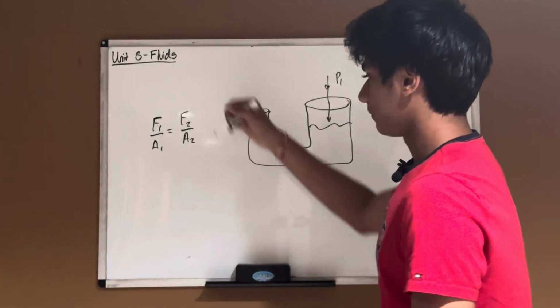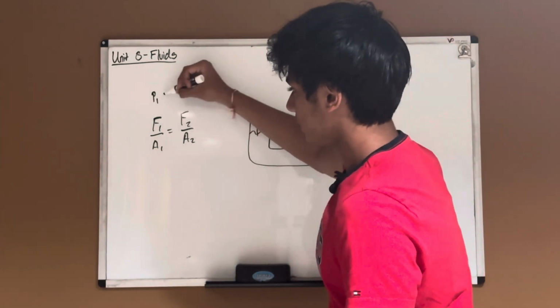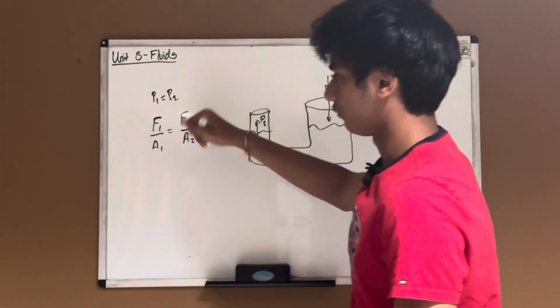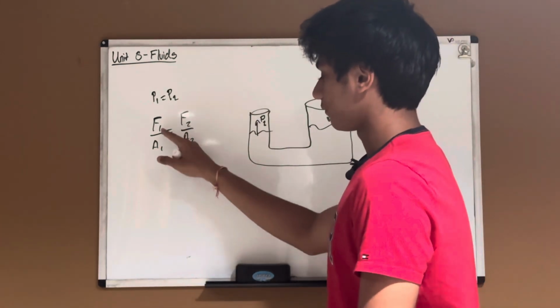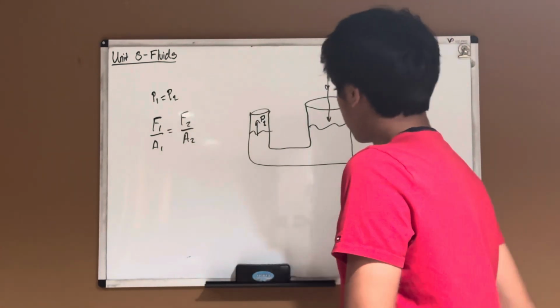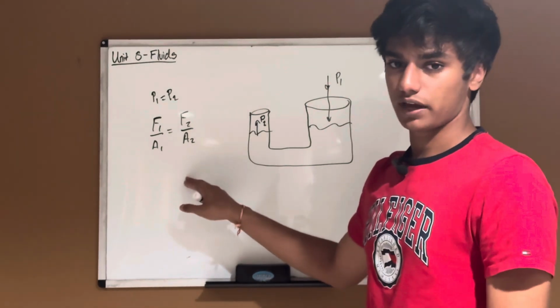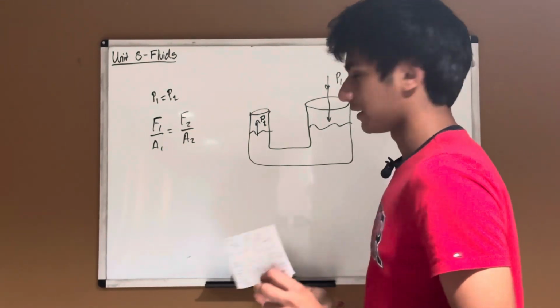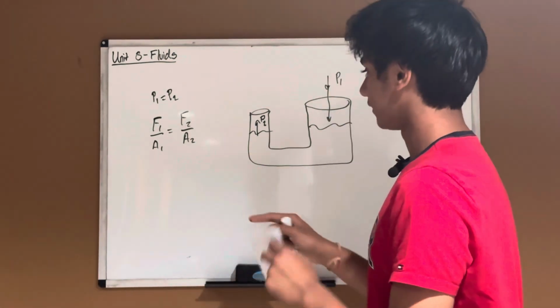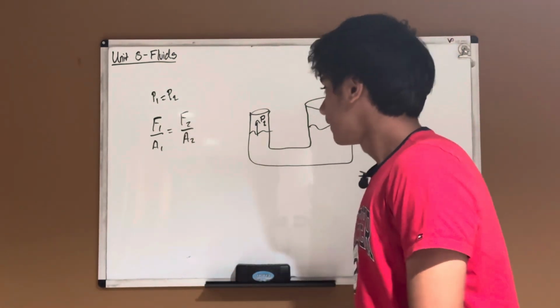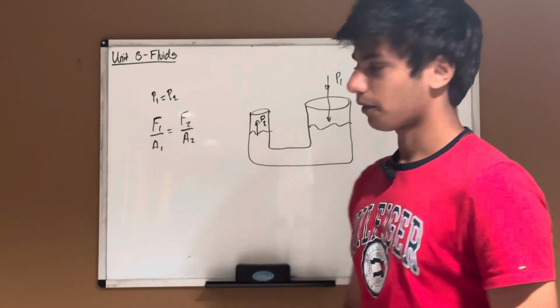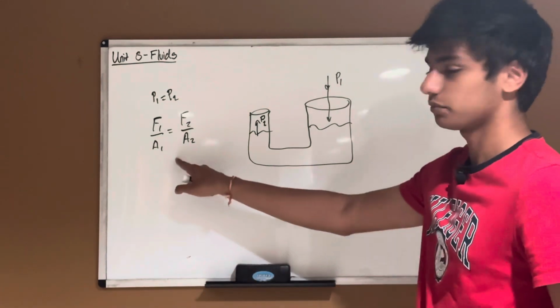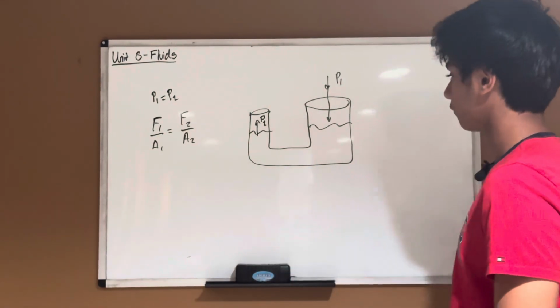And so Pascal's law, basically that's what it says, right? It says P1 equals P2, and if we use the formula for pressure, we get that F1 over A1 equals F2 over A2. And so this is helpful for describing the motion of real-world objects like hydraulic presses and things that use this concept of force and area. It's like mechanical advantage, but using water. So that's Pascal's principle, which you will also need to know for the exam.